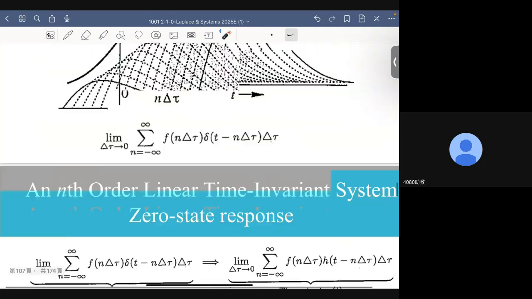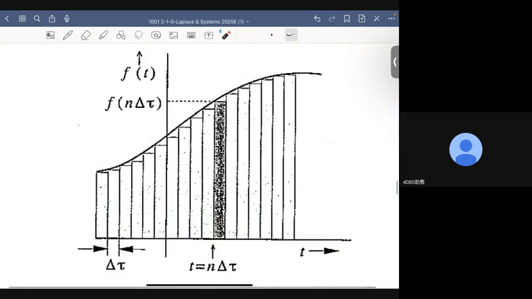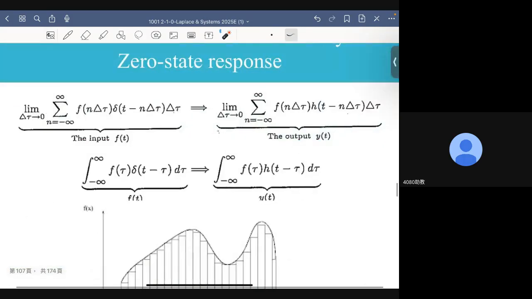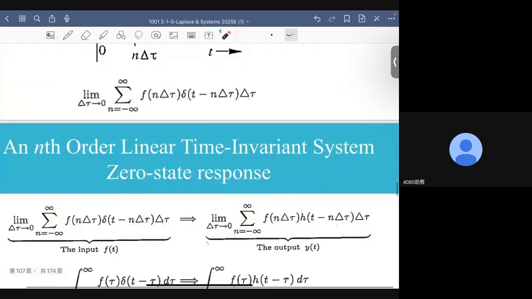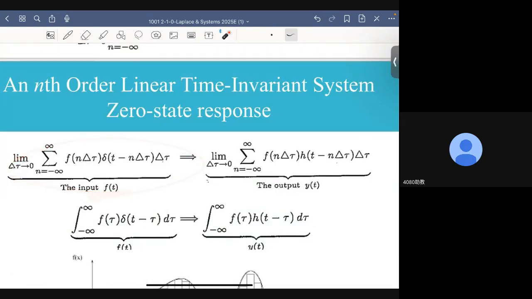For every given value of n, we correspond to one piece of rectangle in this figure, all right? And the resulting output will be this, which means if you have multiple inputs, then I have multiple outputs, okay? Why can I do that? Again, because this is a linear system. Therefore, I am 100% sure that the principle of superposition is applicable, okay?